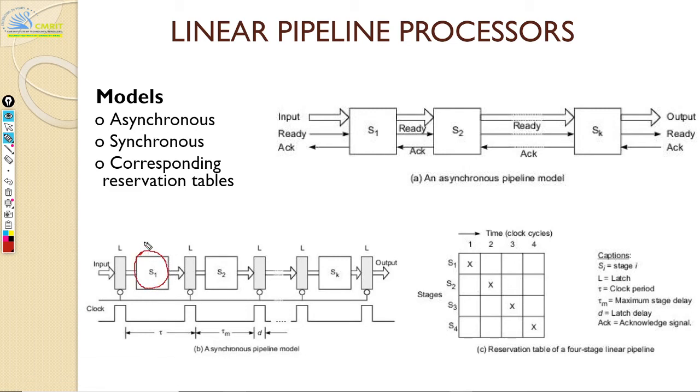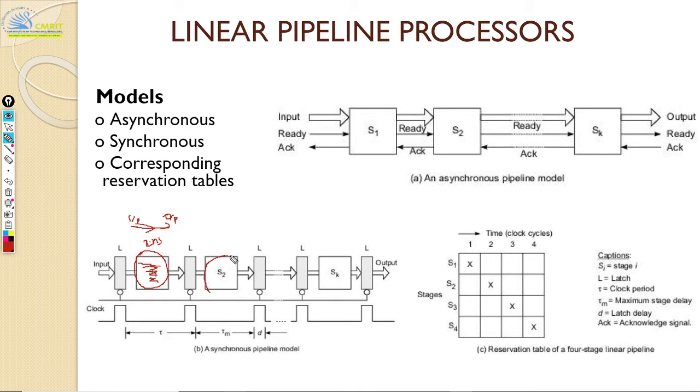Let us say fetch will have, say, 2 nanoseconds. It has combinatorial logic, so whatever time it takes from your input to output, let us say it takes 2 nanoseconds.